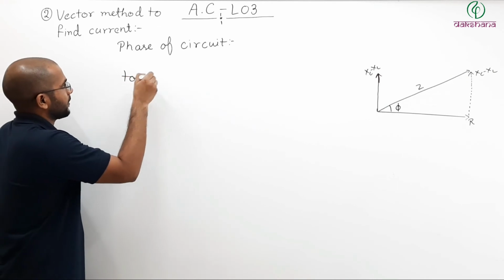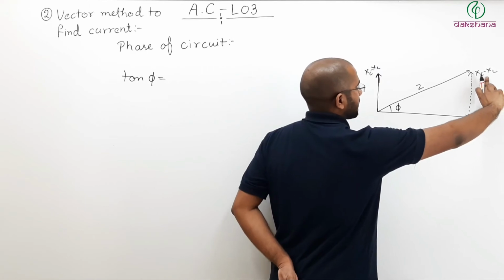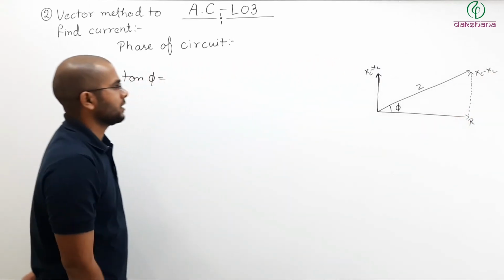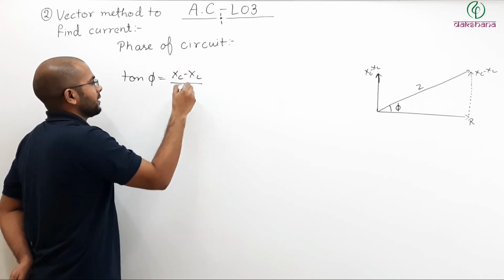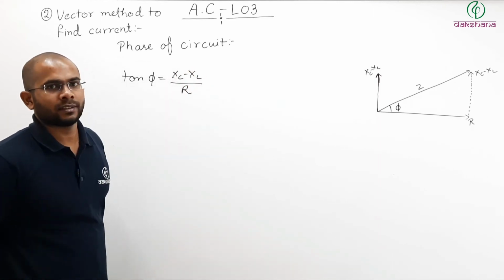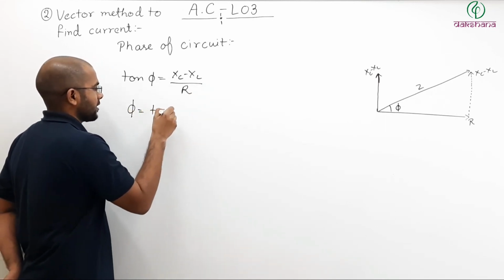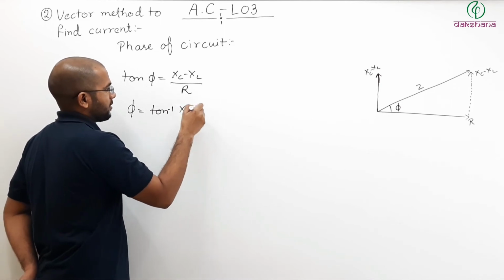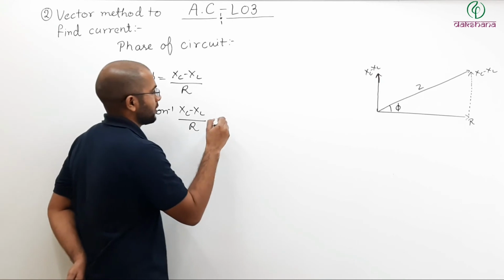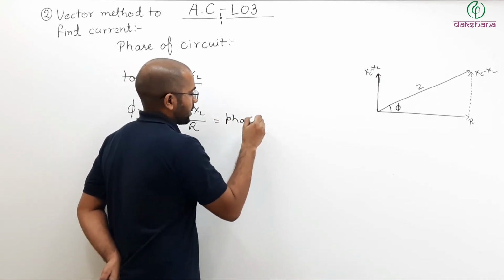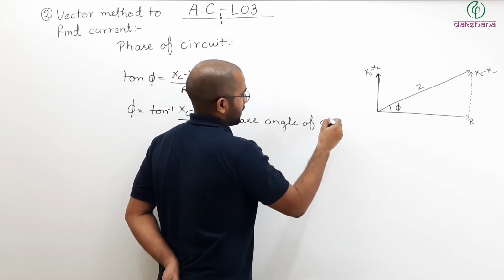Tan phi is nothing but this, which is XC minus XL, divided by this, which is R. So tan phi is (XC minus XL) divided by R. So this phi, which is tan inverse of (XC minus XL) divided by R, is called the phase angle of the circuit.